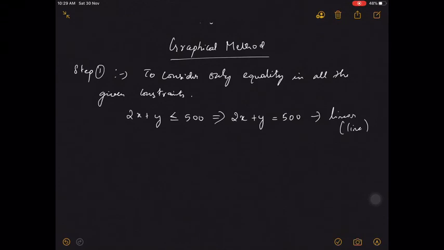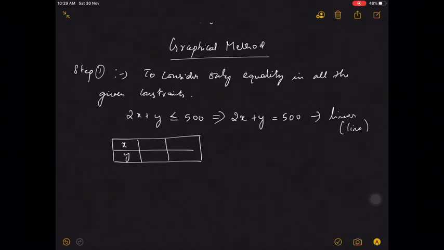So to do that, we first need to find 2 points through which this line passes, so x and y. I'll just name this as equation 1. When you put x as 0 in equation 1, you get 2 into 0 plus y is equal to 500, and that gives you y is equal to 500.